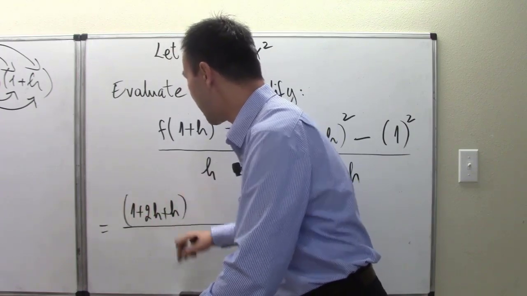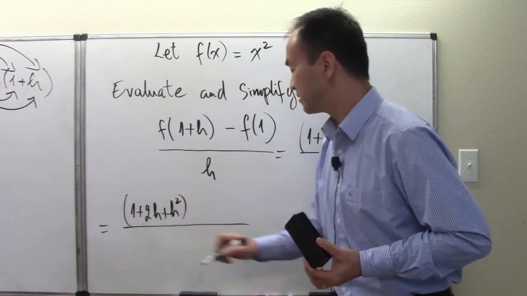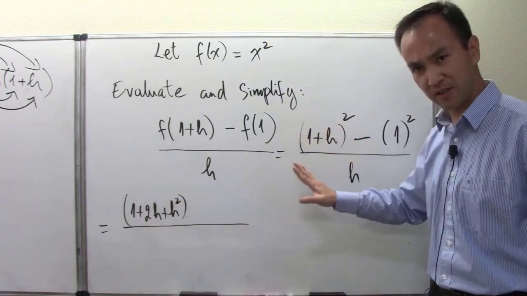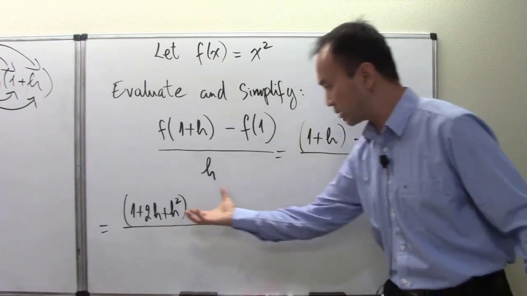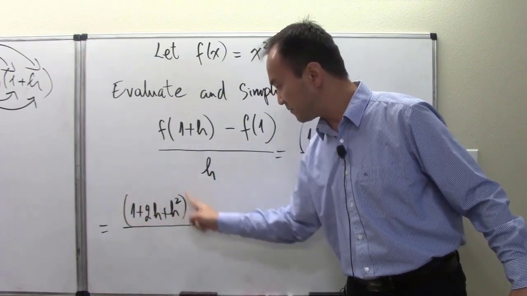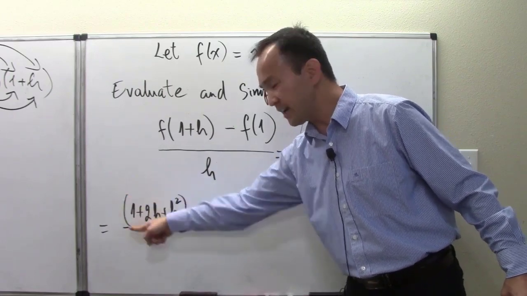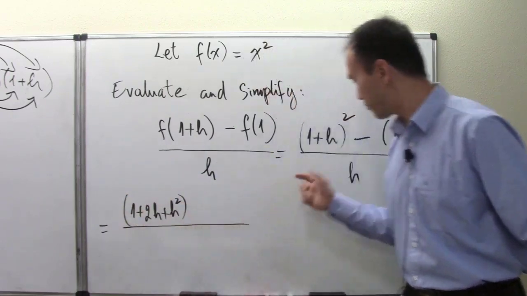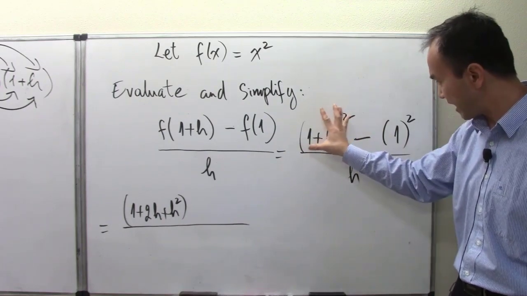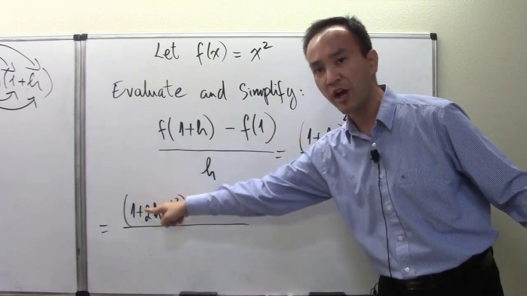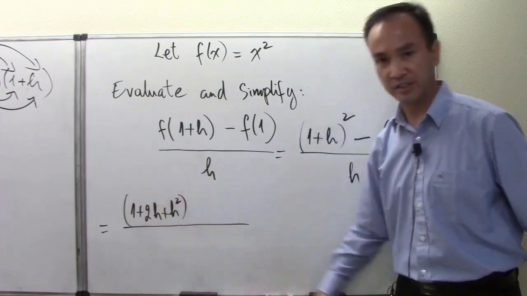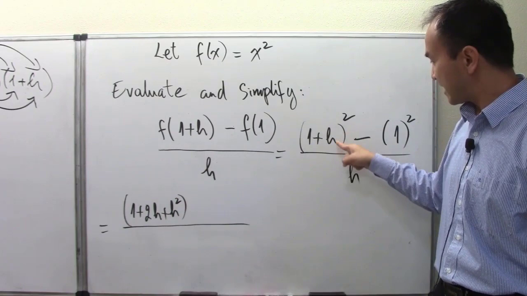And in my style, anytime I substitute an end result for a previous step, or substitute an expression for another expression, I use parentheses. This pair of parentheses indicates a group, and this group entirely represents that (1 + h)². So only that (1 + h)² is being replaced by this group.